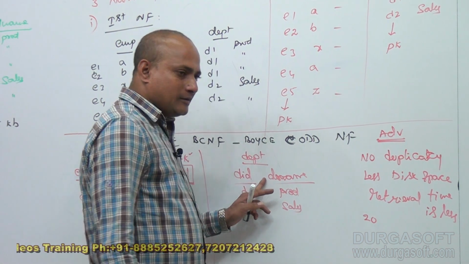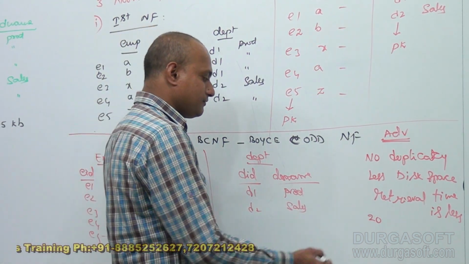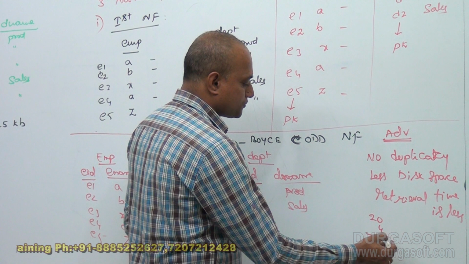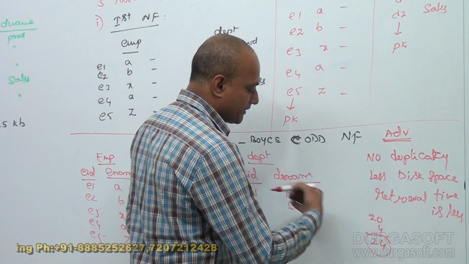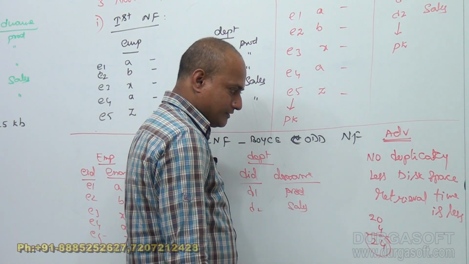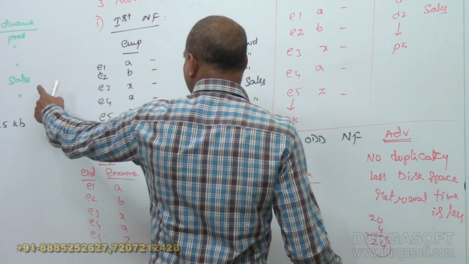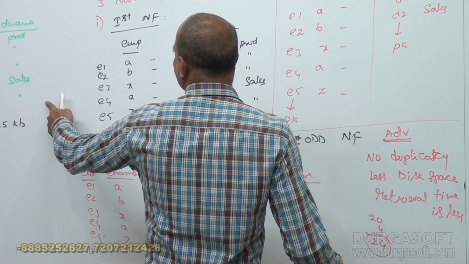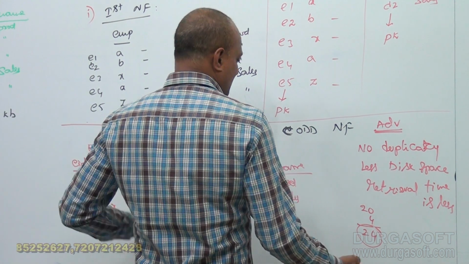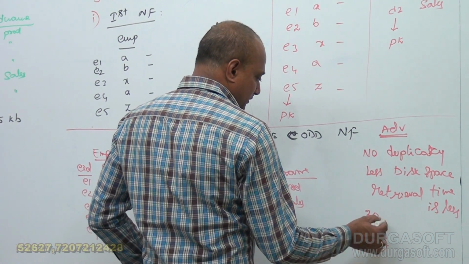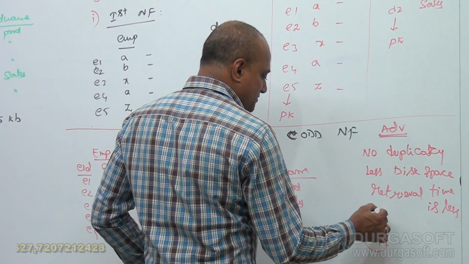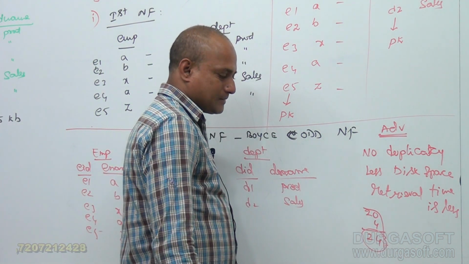And in DEPT table, 2 columns, 2 records, 4 values. Totally it is 24 values only. But in denormalized data, we are having 25 values. So, other than normalized data, denormalized data will occupy more disk space.